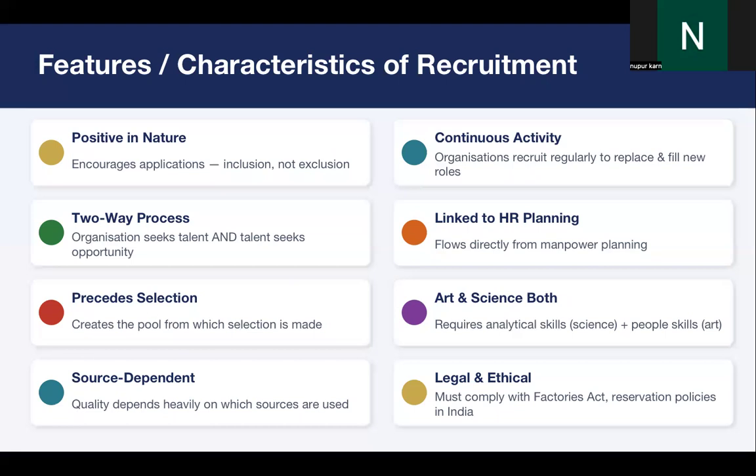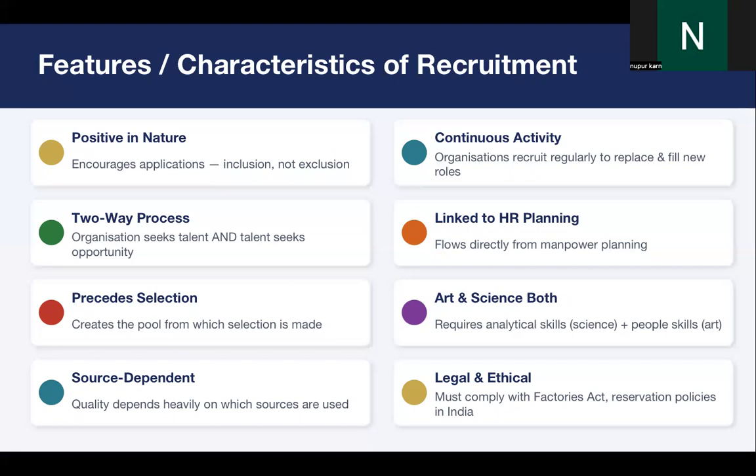Legal and ethical, it means that you have different terms and conditions. Every organization needs to follow certain rules and the laws by the government. You cannot go against those legal things. So you have to comply with that.